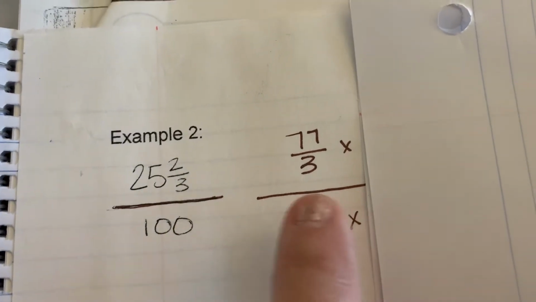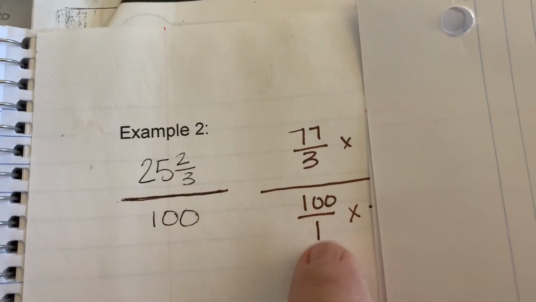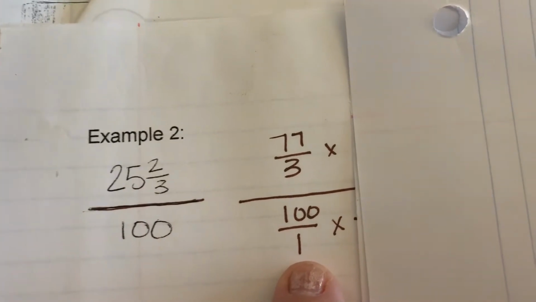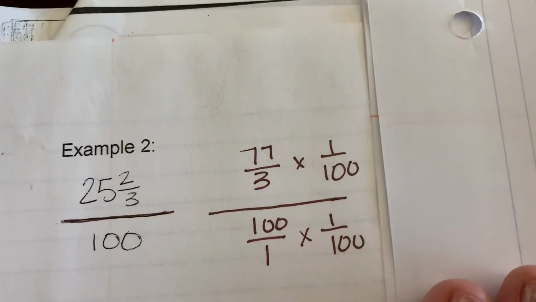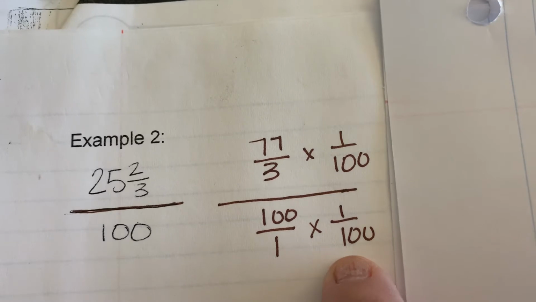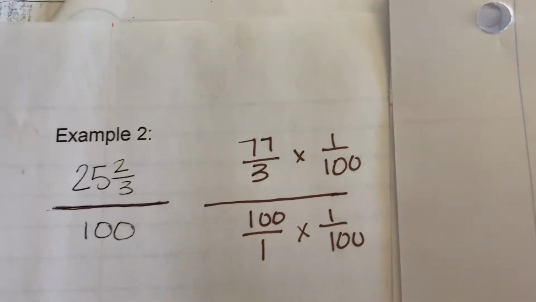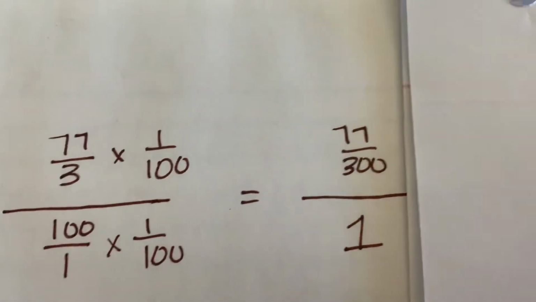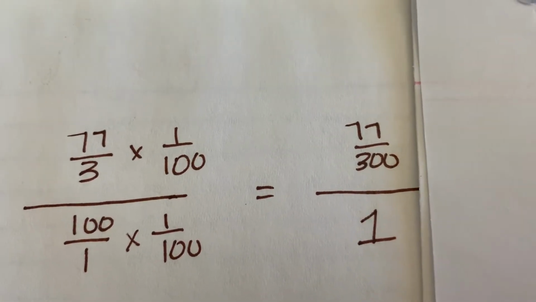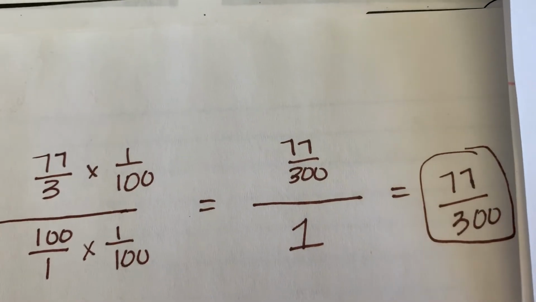Now I need to get the bottom half, this whole bottom, to 1. I know I can do that by multiplying by its reciprocal. And I remember that what I do to the bottom of a fraction, I have to do to the top. So I multiply by 1 over 100 down here, and then in the numerator up here, I have to multiply by 1 over 100. And so what that looks like is it then becomes 77 300ths over 1, which is 77 300ths.